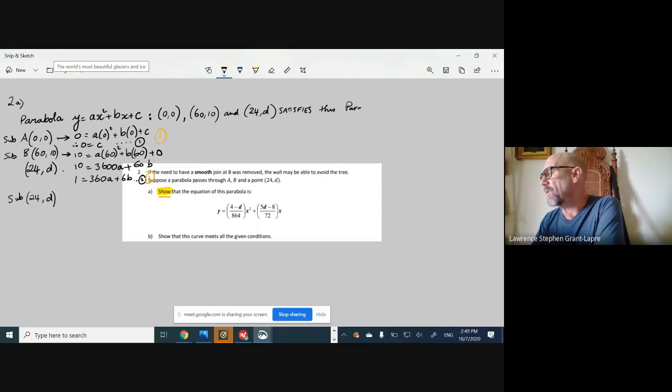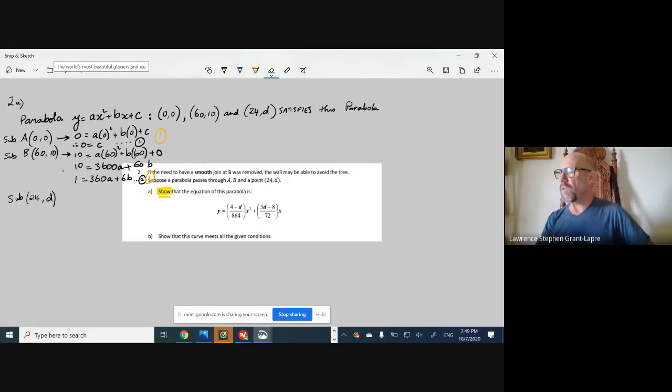So to show, I can now take away that point there, because I just named the points. Okay, so we've substituted the first point, we substitute the second point, it satisfies.